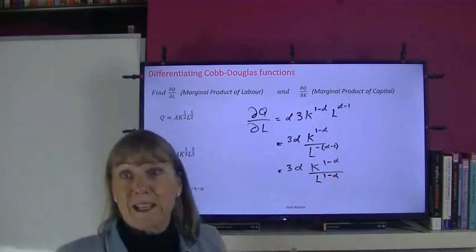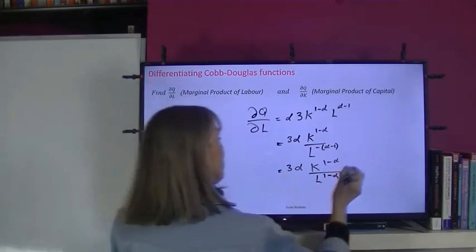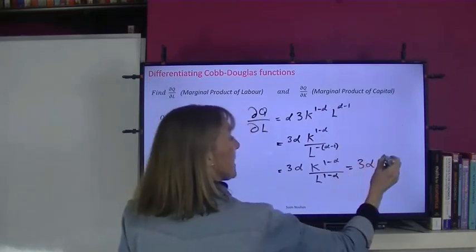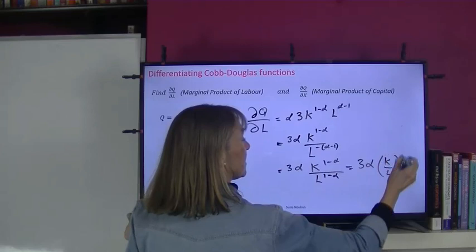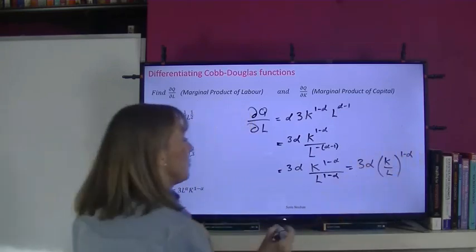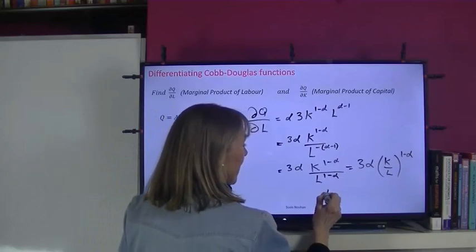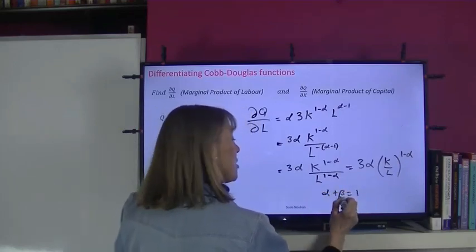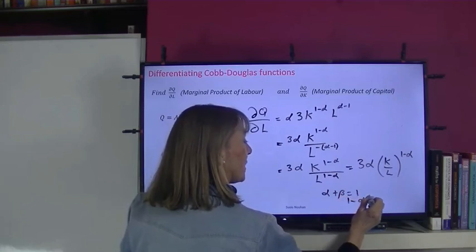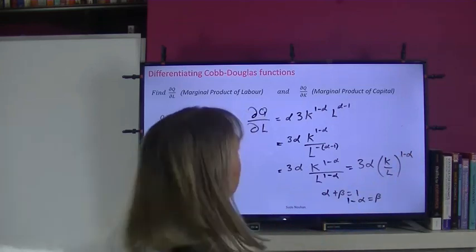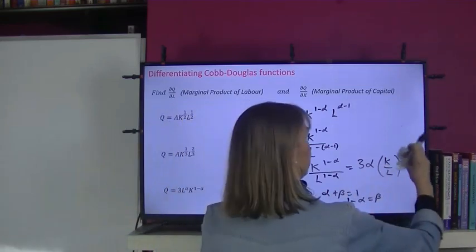And you think, oh great, the powers are now the same. So that is A alpha. Because the powers are the same, I can put them as one neat fraction. And then you will also remember that because alpha plus beta equals 1, then 1 minus alpha equals beta. So if I want, I can simplify that to beta.